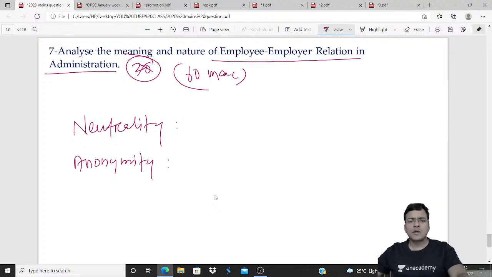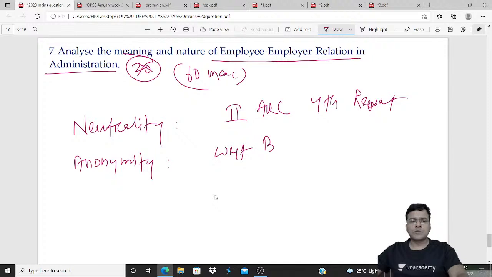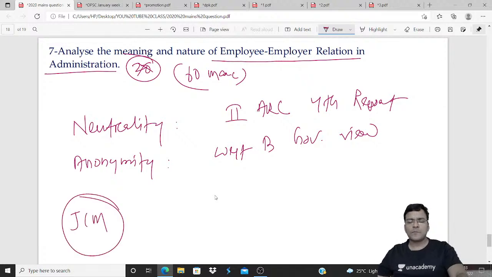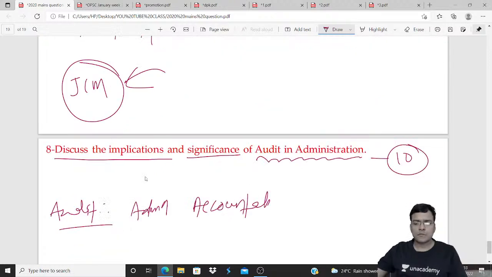Everyone has written this. Everyone has written Second ARC, fourth report, ethics. Most of us have written West Bengal governor's view. I have told current affair, governor's view on this neutrality. Here, to extend this, you have to write something about JCM. This is also part of relationship between employee and conflict between employee and employer.